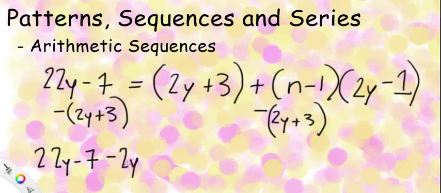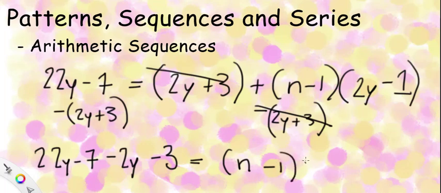Essentially, the minus sign must be distributed into the 2y and the 3 as well. If we had forgotten brackets, we would have minus 2y plus 3, and we would be wrong. So that's why I encourage us to keep the brackets on. On this side of the equation, the 2y plus 3 is going to cancel because it gets subtracted out, and you get left with (n minus 1) times (2y minus 1).